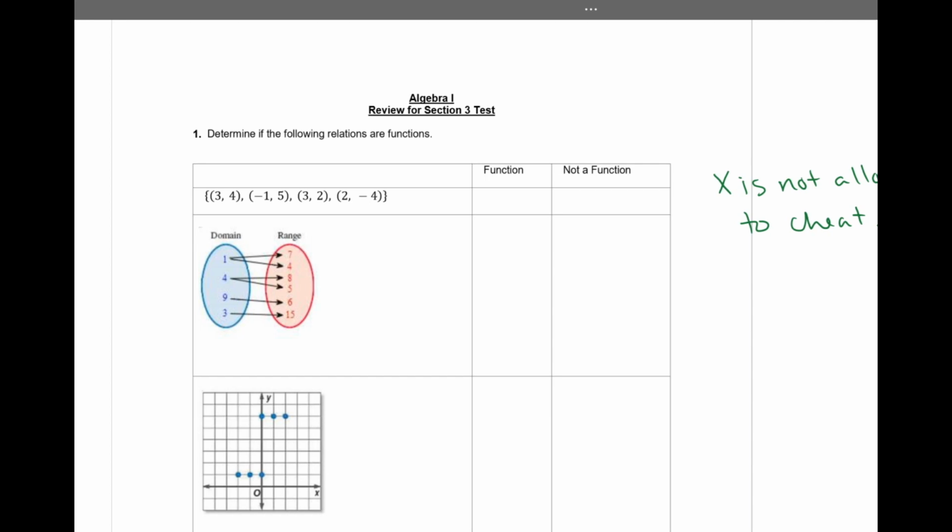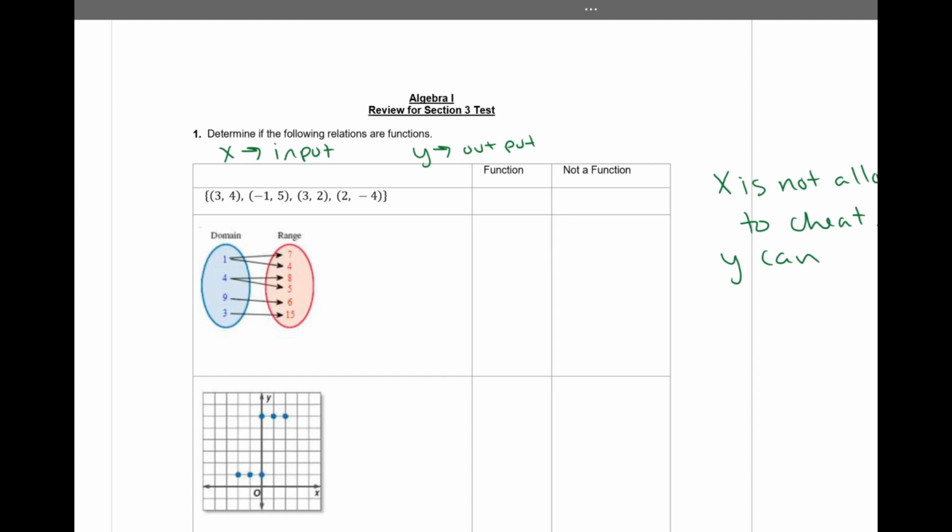So x is not allowed to cheat, y can. And when I say x, I mean the input of x, and the output is y. What it means is if you are x, you can only have one y.